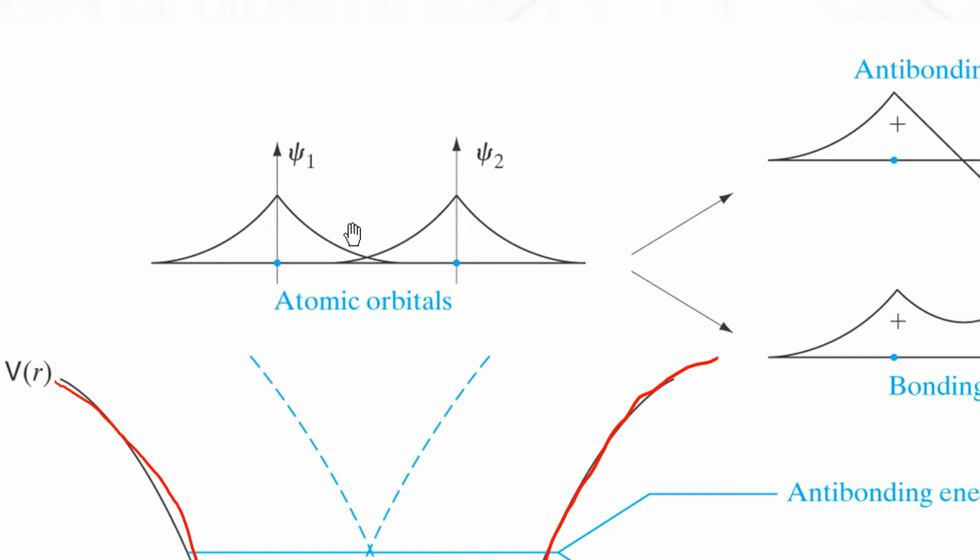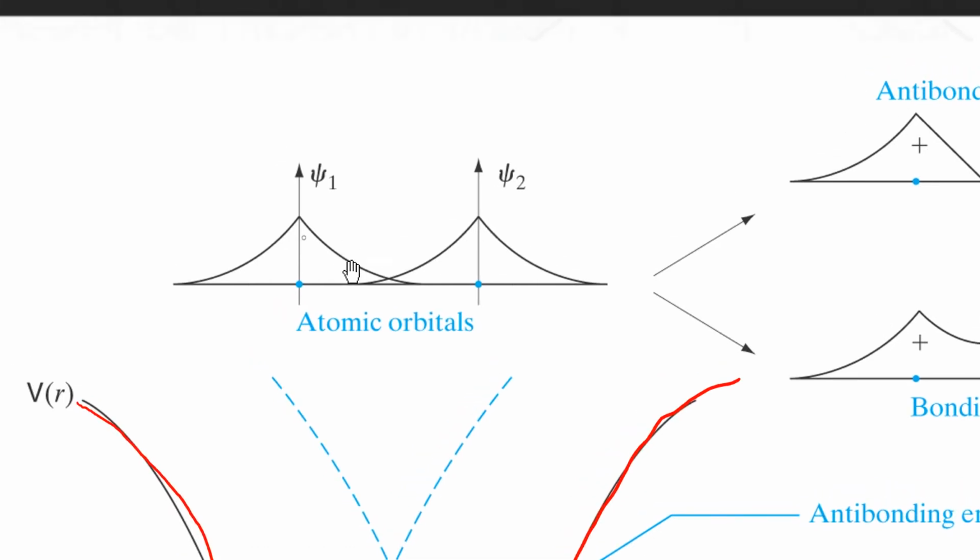The further you go away from the nucleus, the probability of finding an electron drops. So that's what we're talking about with this function here. The psi function is large, and then it drops as you go further away. So that's for a single atom.